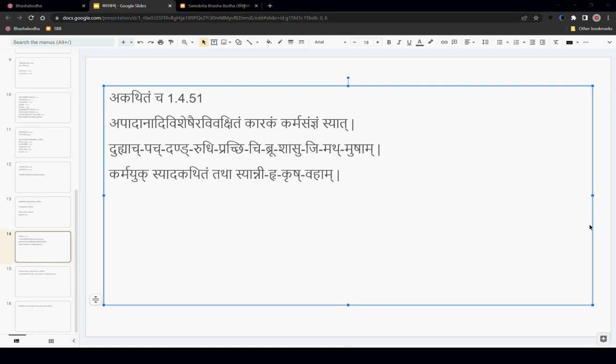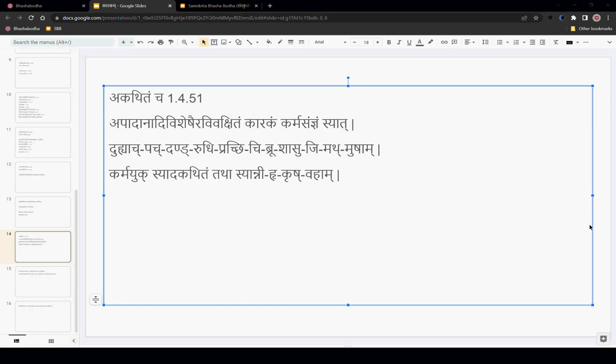For example, jijnasa. Jijnasa means wanting to know. So the kriya pada becomes jijnasate, atmanepadi. There also we can do: "Chatrah vyakaranam jijnasate." Kasmat jijnasate, from whom he wants to know: shikshakat or shikshakam, both are valid.